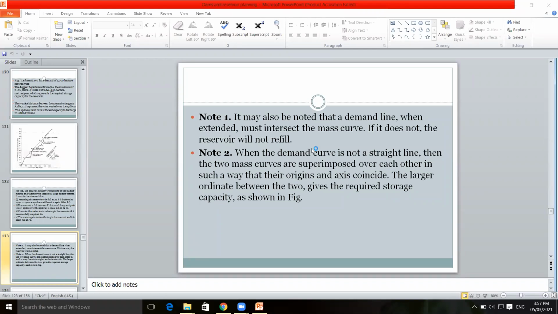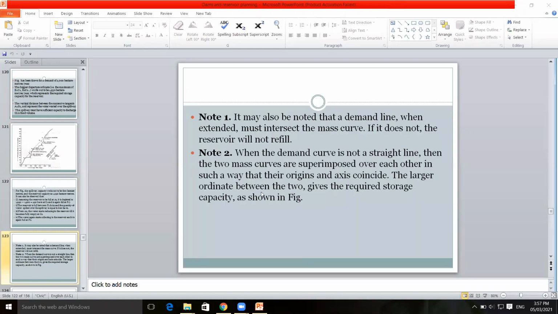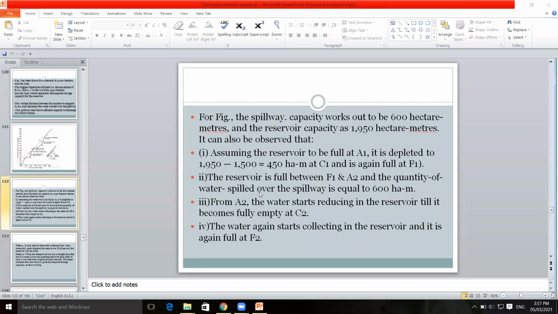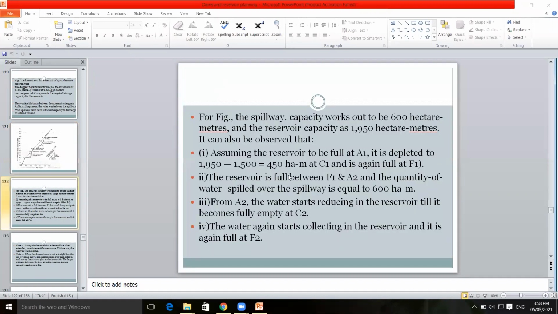In this graph, the tangent line, the demand line when extended, should intersect the mass curve. Only then is the reservoir said to be full. Otherwise the reservoir will not refill again. This is the first note.